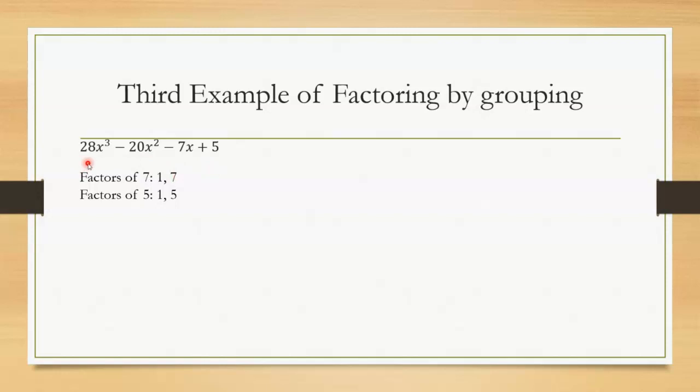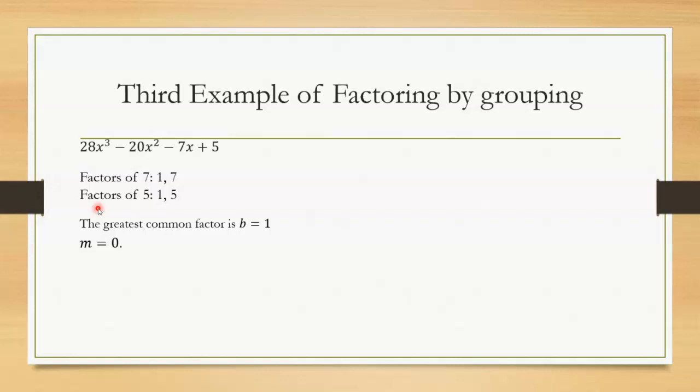I mean, you could list the factors of 28 and 20 if you want to. I'm just showing you here that you really don't have to. So the greatest common factor among the coefficients and the constant is 1. And you could also see that the smallest power of x is 0.